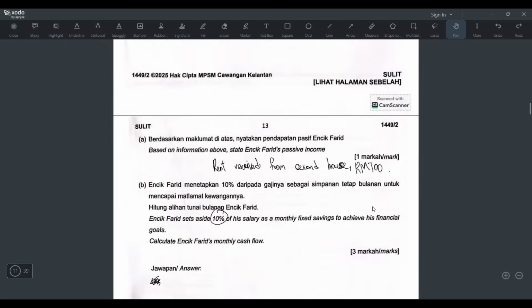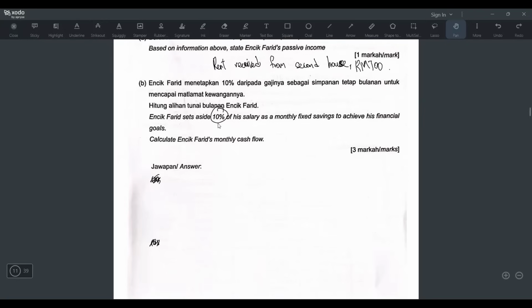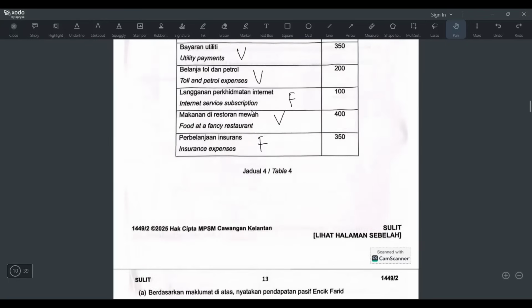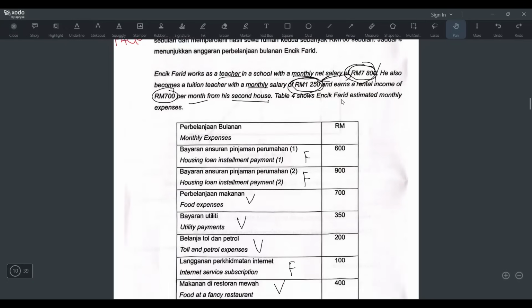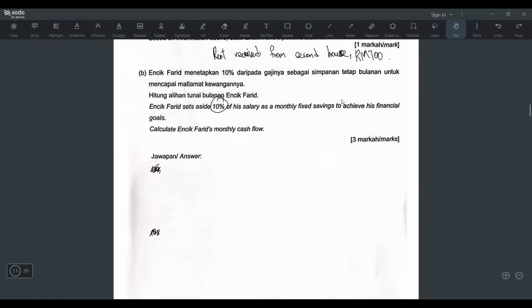But when I read back, the question says 10% of his salary. Tapi dia tak kata salary yang mana. Dia ada dua salary tau. One is salary from teaching at school, one is from the tuition. So they never said. At first I thought it's dua-dua ni tambah and then 10%. But when I check the schema, they only take the school salary, teaching at school punya salary, 10% only.